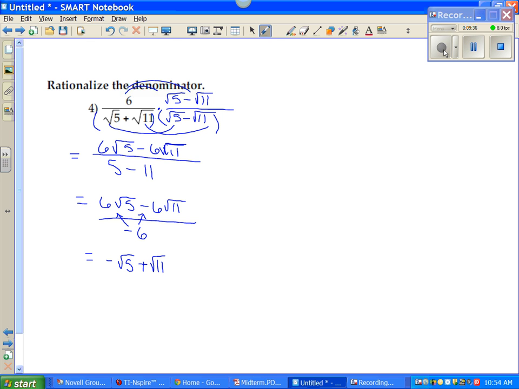And you can write it either way. If you want to put the radical 11 first and then minus radical 5, that's fine as well. Leave it like this. It wouldn't be simplified if you did that. You should always simplify. Okay? All right, ready for another one?